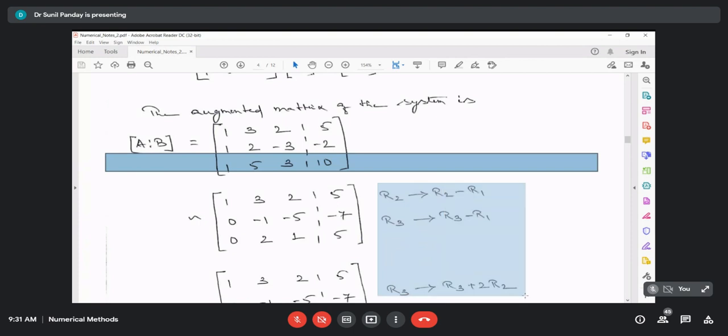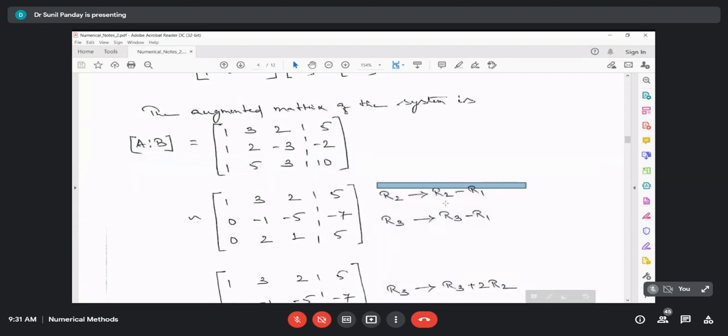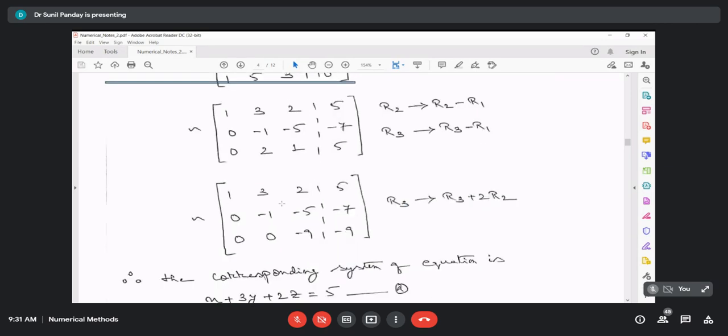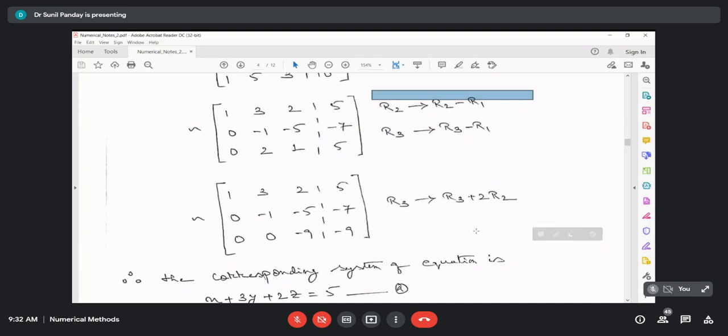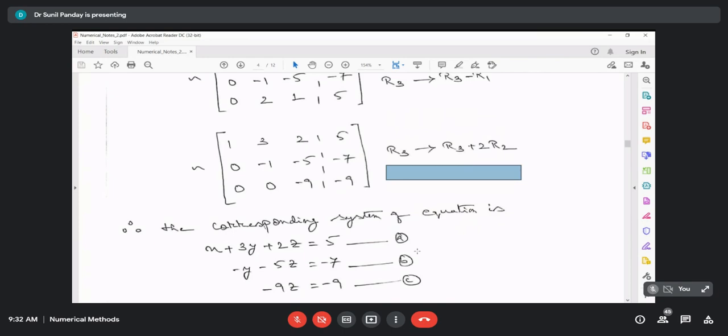So don't apply any column operation when you are converting your augmented matrix to its corresponding equivalent matrix. So this thing you have to remember. Here you are not allowed to use elementary column operations.